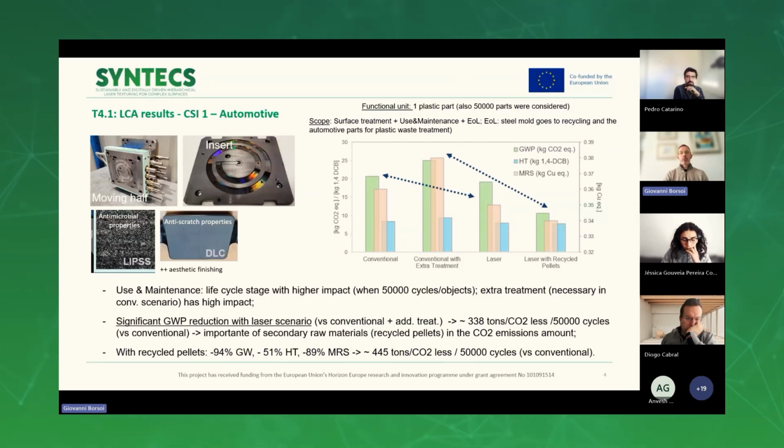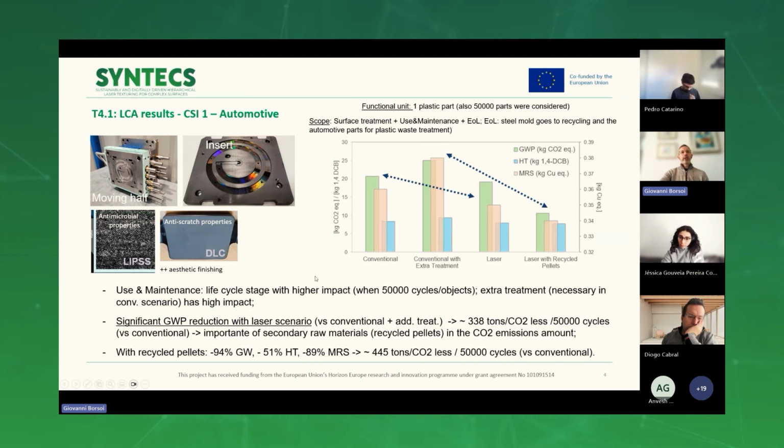For example, in the conventional scenario there is usually the necessity of an extra treatment, and this worsens all the impact categories: the global warming potential, the human toxicity, and the mineral resource scarcity. We can see a significant reduction of the emissions, especially when we compare it with the laser treatment associated with the use of recycled plastics.